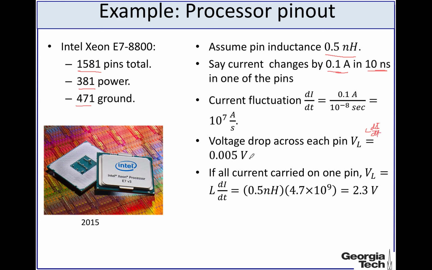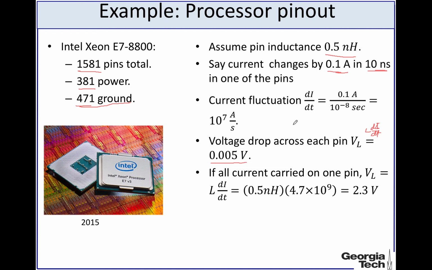is around 5 millivolts. Alright, so now let's consider the worst possible scenario where the current in all of the 471 ground pins changed by 0.1 amps in 10 nanoseconds, and in that case each of the pins will develop a voltage of 5 millivolts across them. Now think about the case.